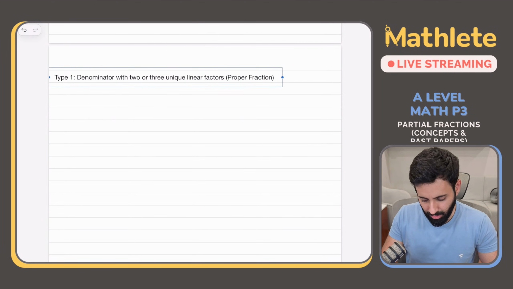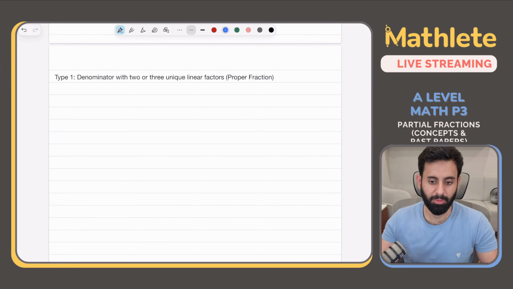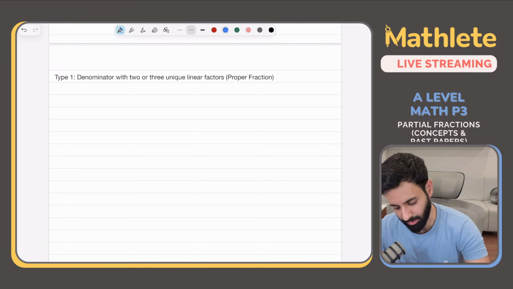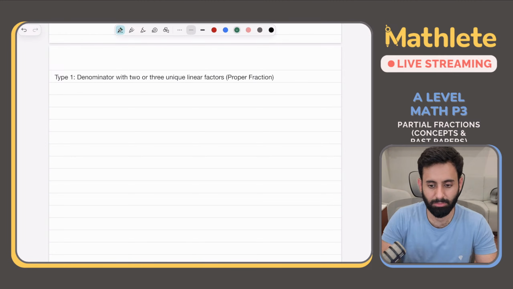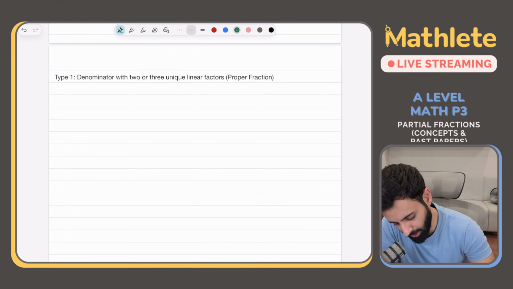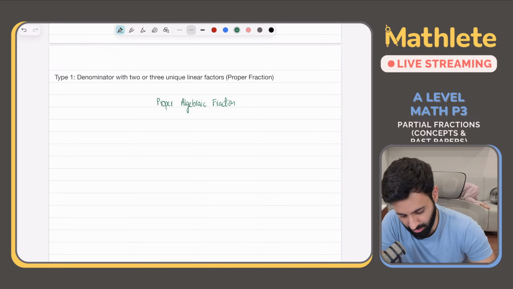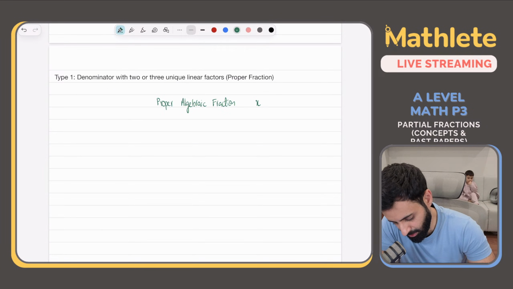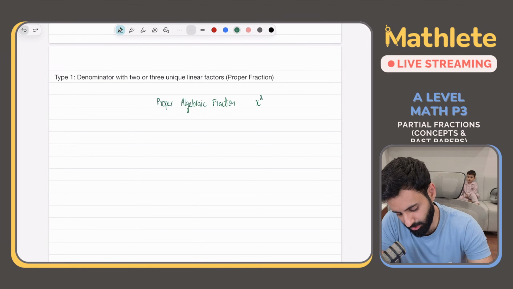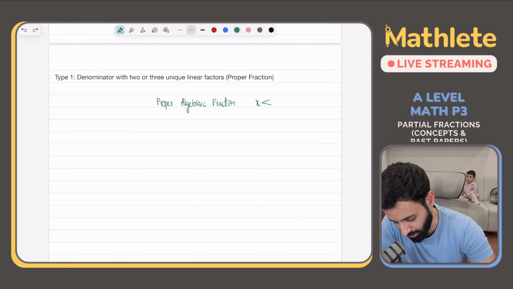What is the difference between a proper fraction and an improper fraction? We know with numbers, but what about with algebra? A proper algebraic fraction looks like this: when the power in the numerator is lesser than the power in the denominator.